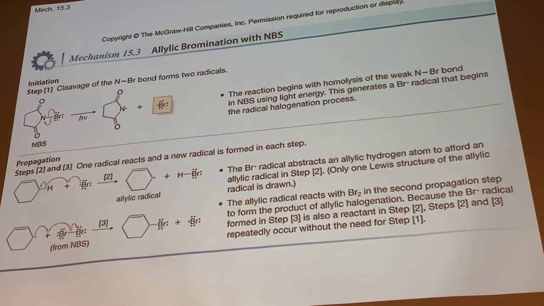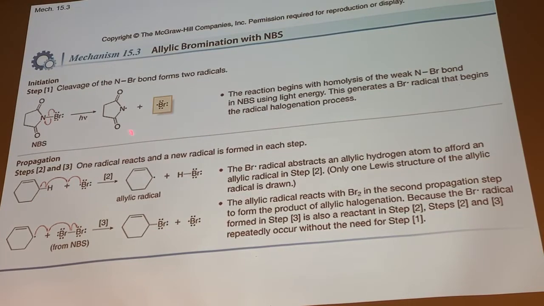So in our initiation step, we're using the energy from light to cleave the sigma bond between nitrogen and bromine. In general, sigma bonds between two heteroatoms, especially heteroatoms with lone pairs on them, are weak bonds, and so we can cleave that bond pretty readily in a homolytic fashion with light, generating this succinimidyl radical and the bromine radical.